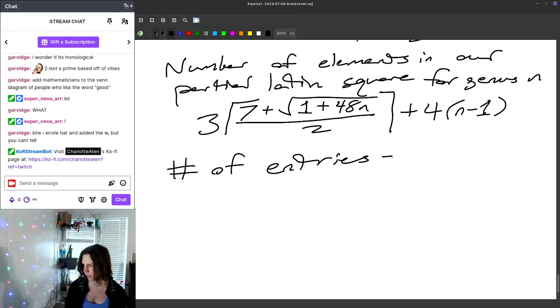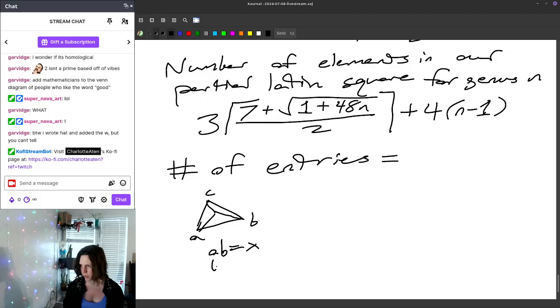But if you think about it, we're going to get 3 multiplications for each triangle, right? If I start off with a triangle and I do the elementary subdivision, then I'm going to get 3 multiplications: a times b is the new element x, b times c is the new element x, c times a is the new element x. So I have 3 spots filled in for each triangle.